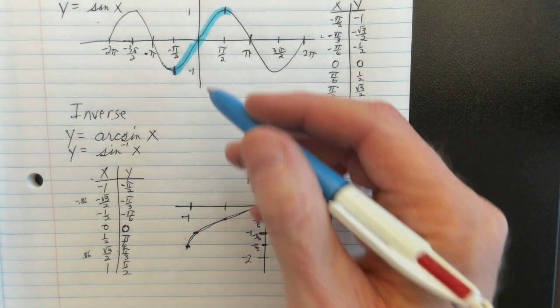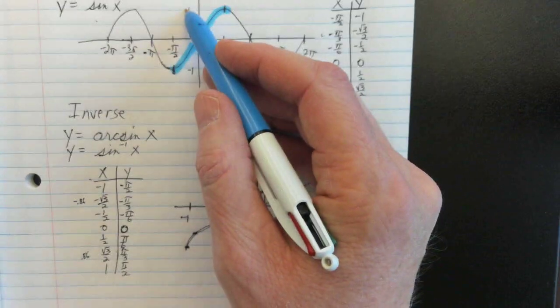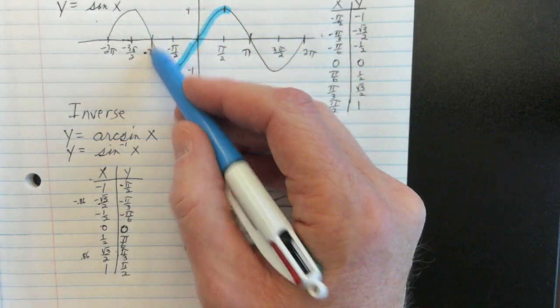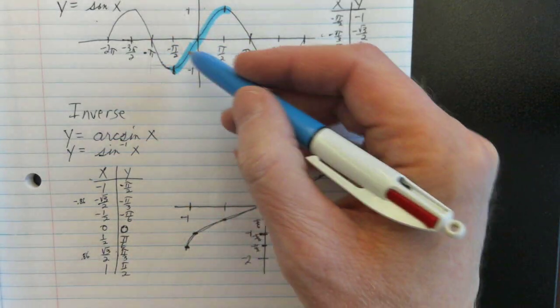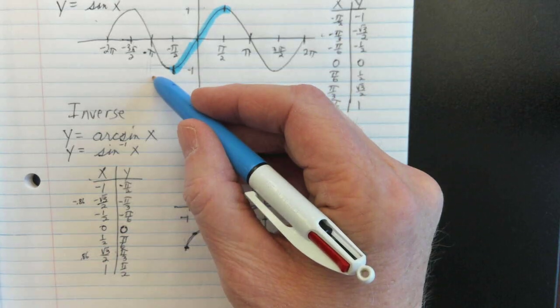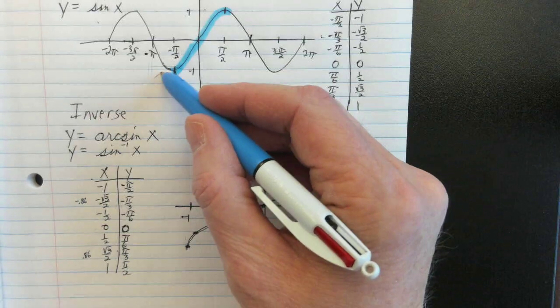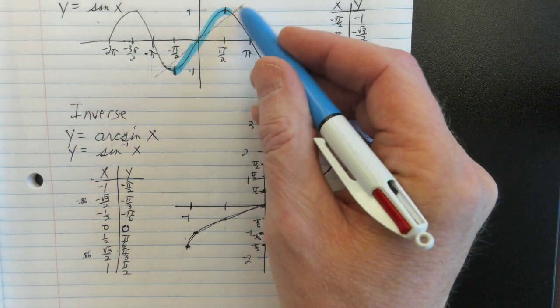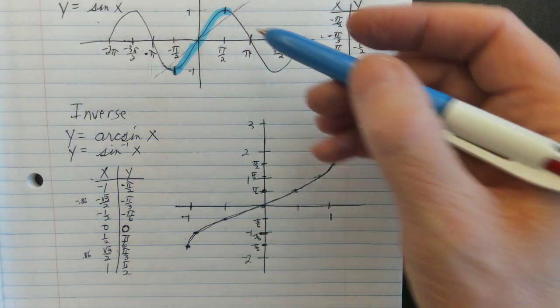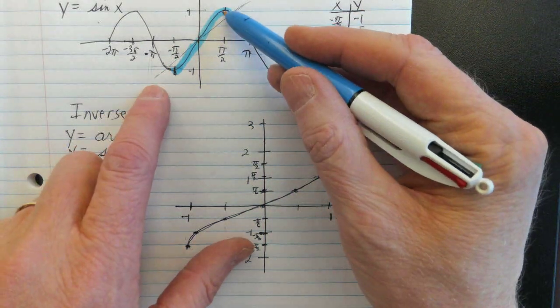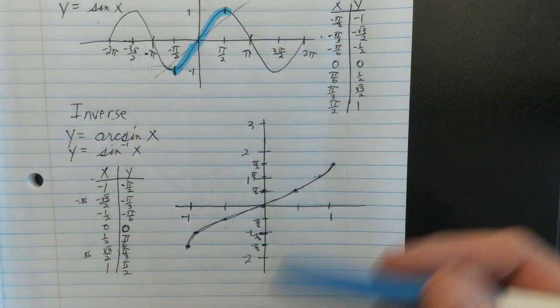Now, the other thing, I do not have this scaled the same. You have 1 here, that's not too bad. If I were to draw, remember y equals x, draw y equals x. This would be symmetric over that.